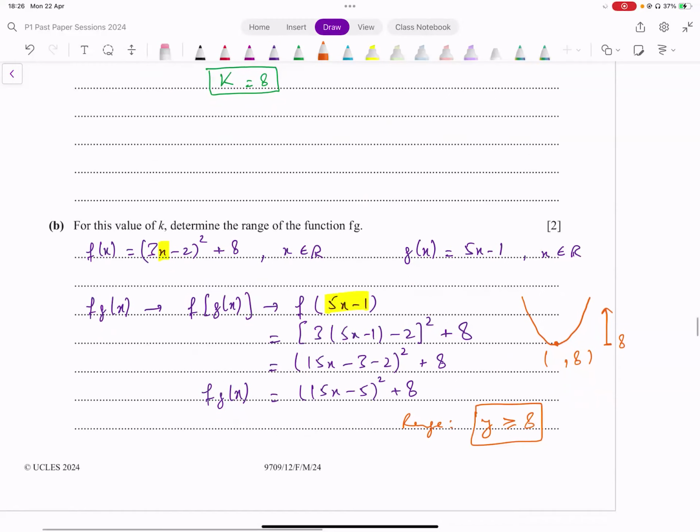That's the range of the function. You can write it like this, or you can say fg of x greater than or equal to 8. You can write it both ways. That's the range of this function. Okay, just treat it like a normal quadratic function and then find the range of that quadratic function like you would normally do.